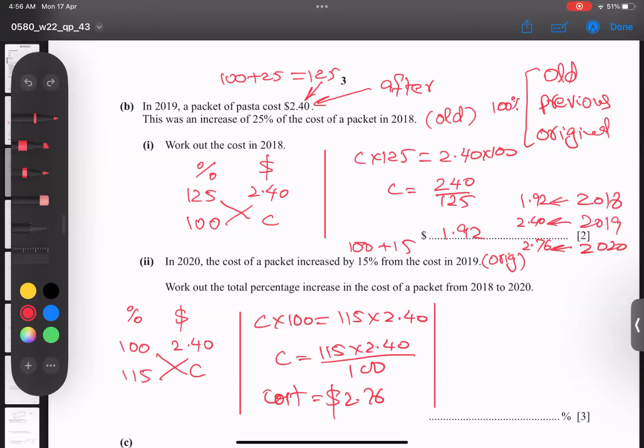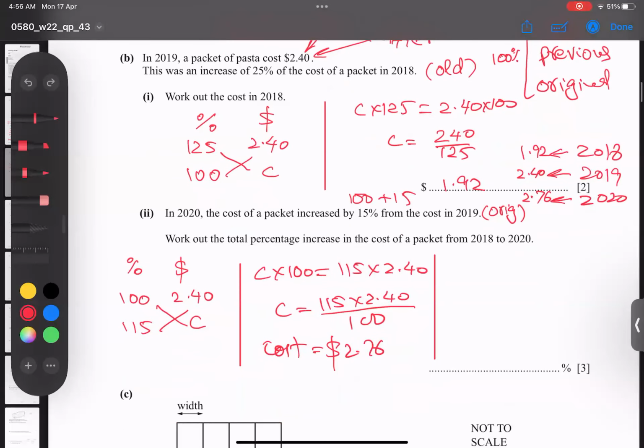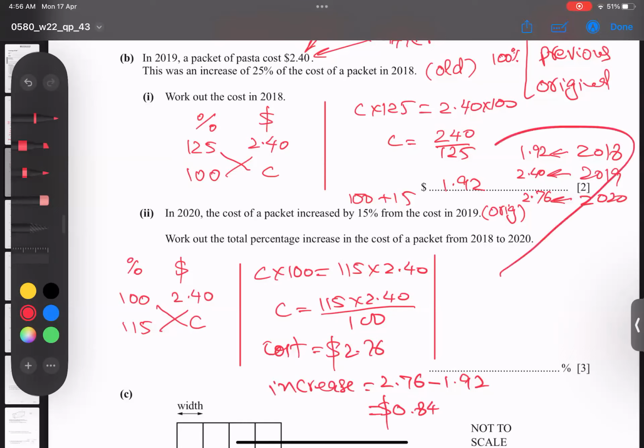So first of all, we can find the total increase altogether. So from this much, subtract that much. So 2.76 minus 1.92. When I subtract 1.92, it gives us the increase $0.84. Okay. Now make sure this is original because I will take percentage and dollars. This I will take as 100%.